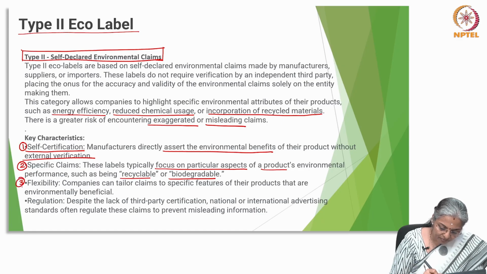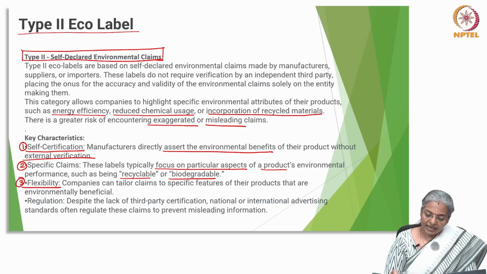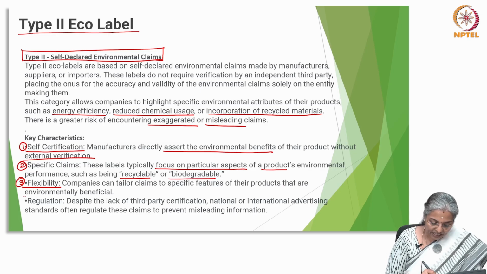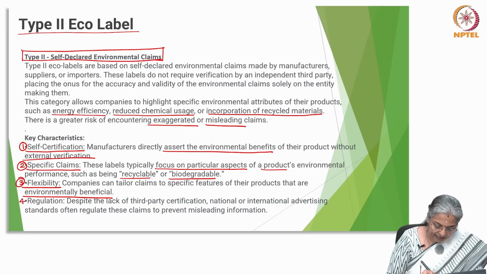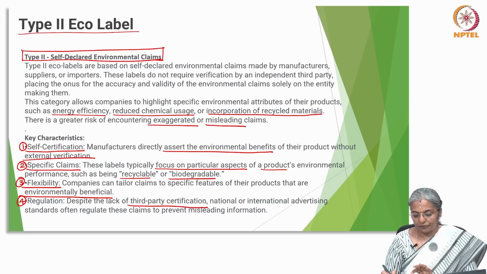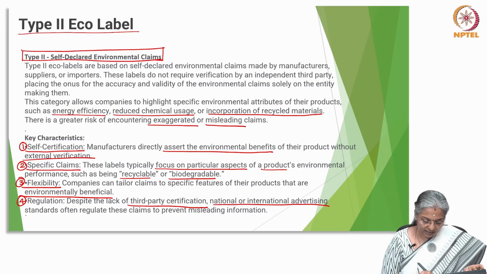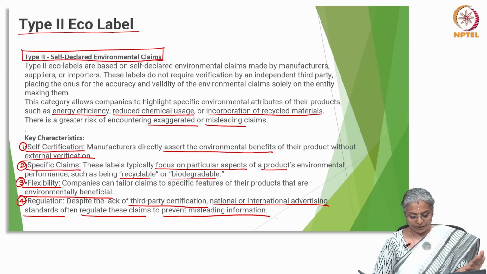Third is the flexibility. So, companies can sometimes tailor the claims to specific features of the products that are beneficial environmentally according to them. And then fourth is regulation. So, there is a lack of third party certification or even national or international advertising standards which often regulate these claims to prevent misleading information.